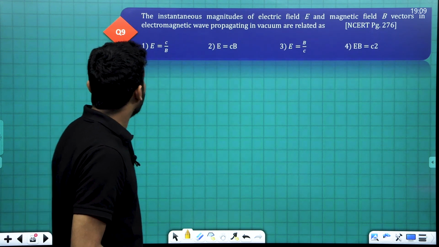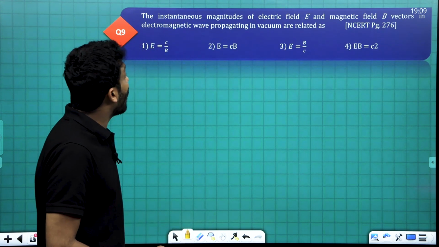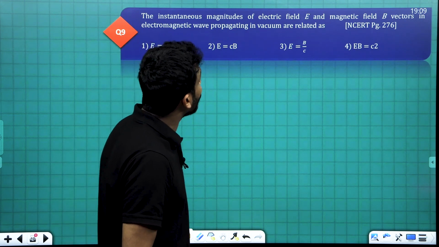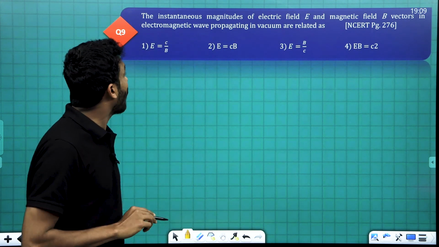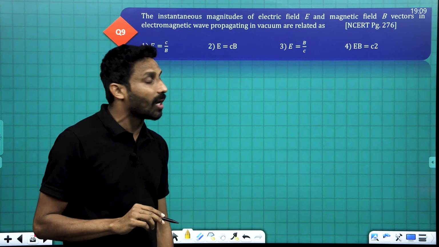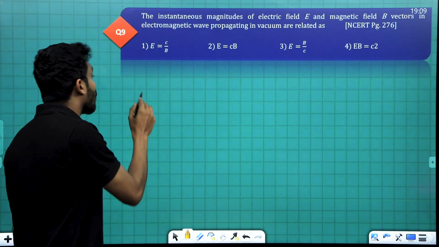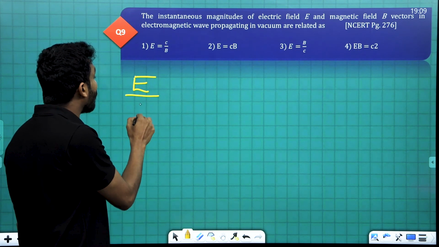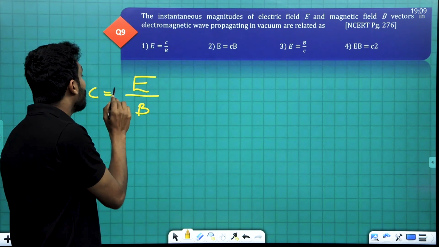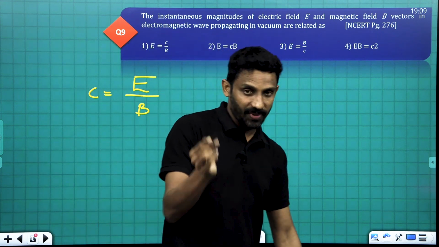Okay, next. The instantaneous magnitudes of electric field E and magnetic field B vectors in electromagnetic wave propagating in vacuum are related as. The instantaneous values of electric field intensity and magnetic field intensity are related as C is equal to E by B in vacuum.